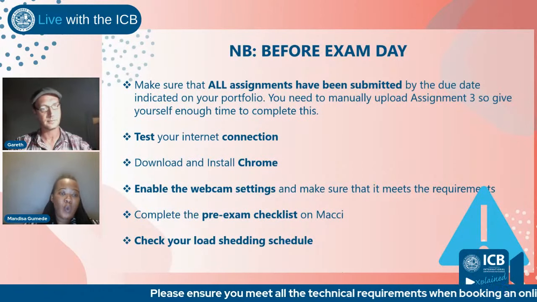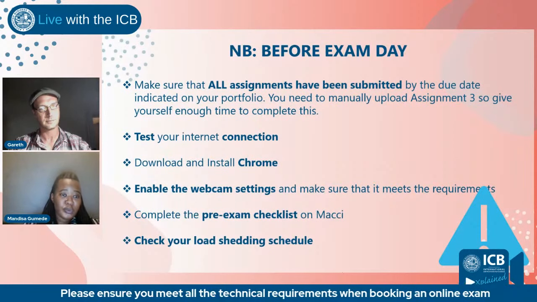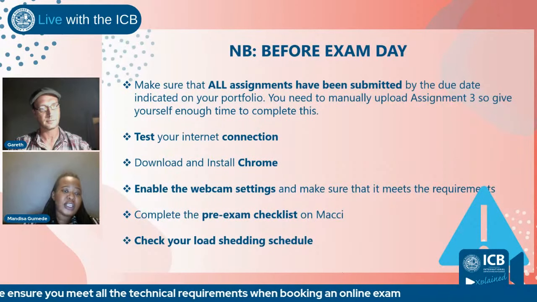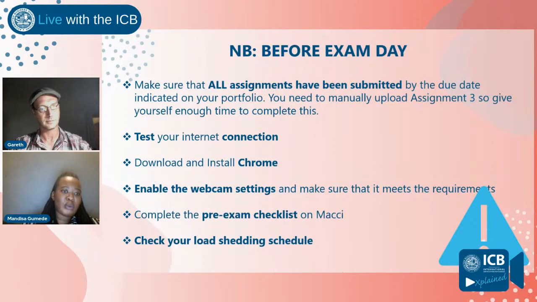Remember that test 1 and test 2 are auto-marked and completed online. And the new thing is that assignment 1 and assignment 2 are also now auto-marked and will be completed online. So essentially, it is only assignment 3 that you will need to manually download and upload, and that reduces manual work for you.